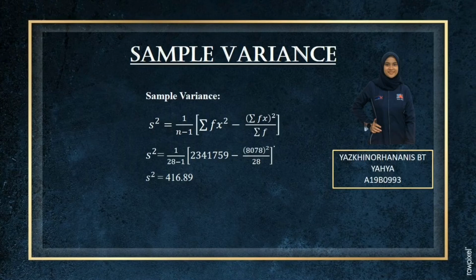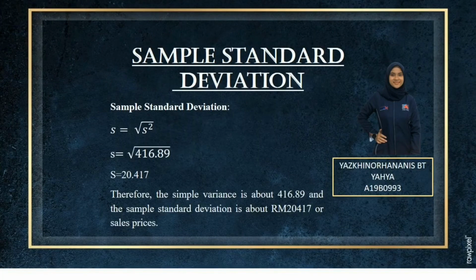S squared equals 1 divided by (28 minus 1), times the bracket of 2,341,759 minus 8078 squared divided by 28. So the answer is S squared equals 416.89. How to find sample standard deviation?